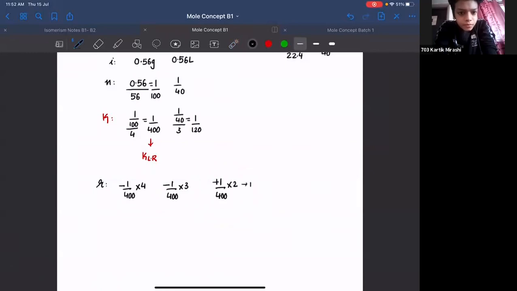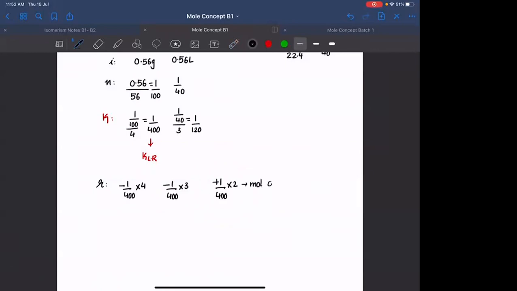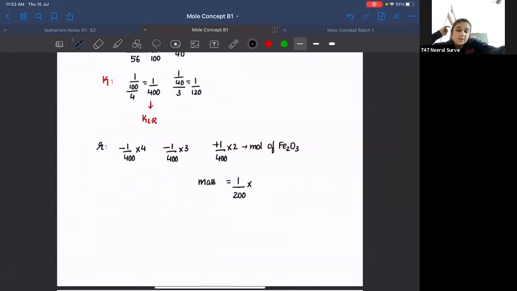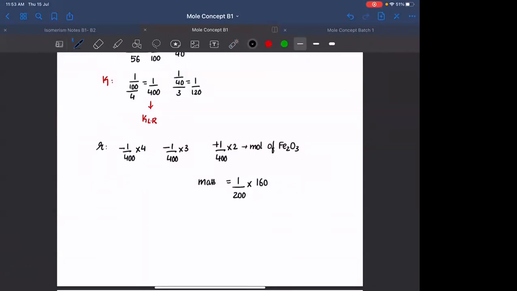So this many moles of Fe2O3 you have got. Can you convert this into mass? It is 1 upon 200 into 160, since the mole units cancel. Which is equal to how much?